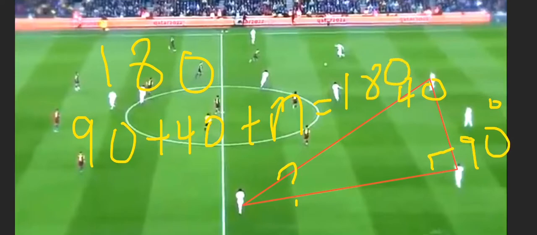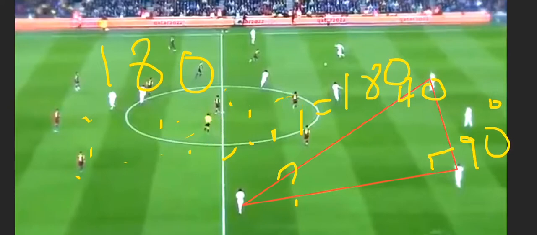Well, to solve for this, you would add 90 plus 40, that's 130, and then you subtract that from the total. Luego lo restas del total. So 180 take away 130 is going to be 50 degrees.